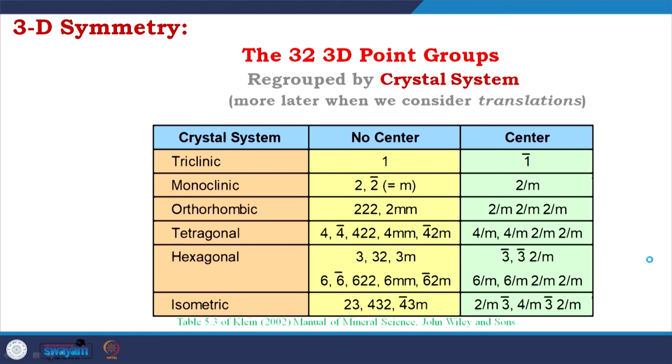Hexagonal 3, 3m, 6, 6 bar, 6mm, 6 bar 2m, 3 bar 2/m, 6/m, 6/m 2/m 2/m. Isometric 23, 432, 4 bar 3m, m 3 bar, 4/m 3 bar 2/m.